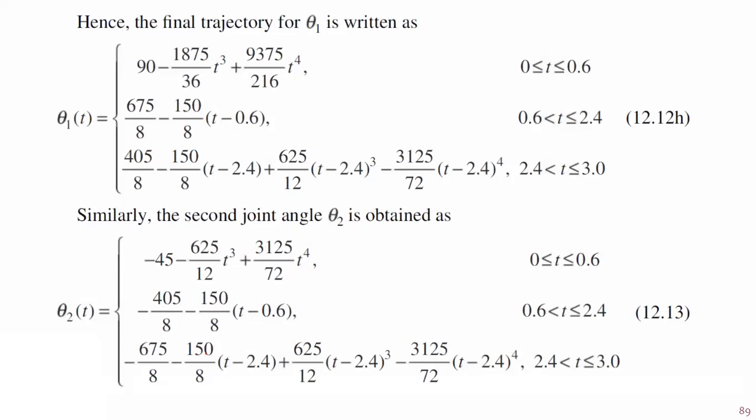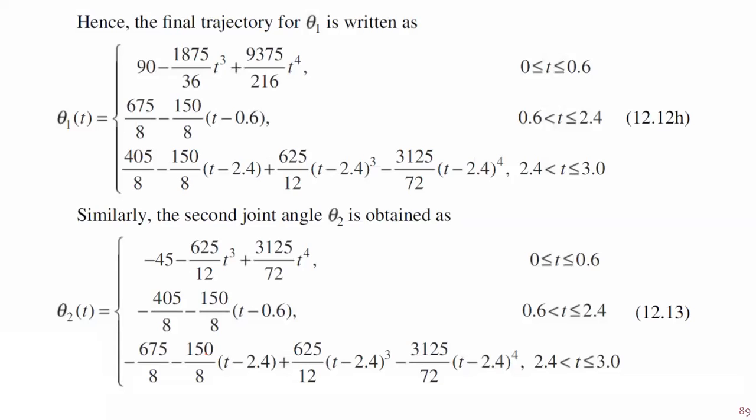Similarly, the second joint angle theta 2 is obtained as theta 2 t is equal to minus 45 minus 625 divided by 12 t cube plus 3125 divided by 72 t raised to 4 for 0 less than equal to t less than equal to 0.6.